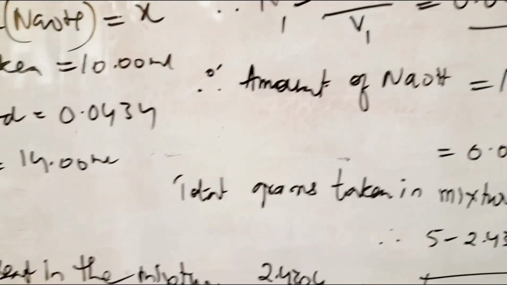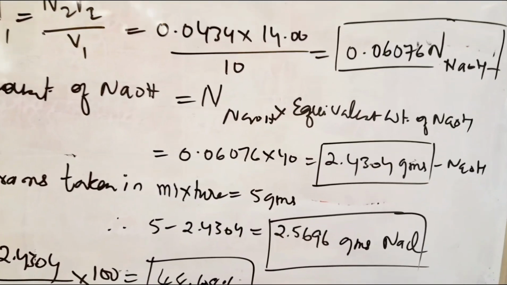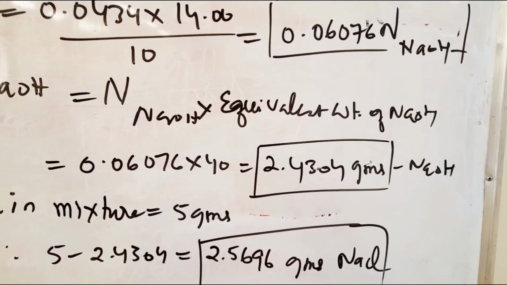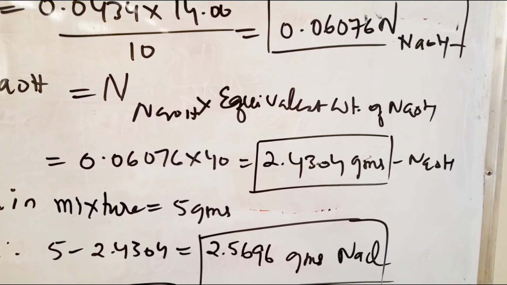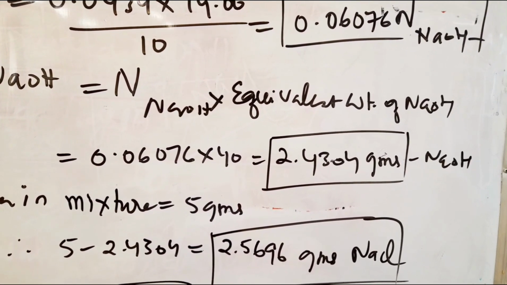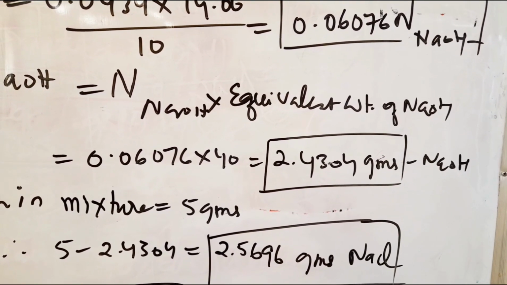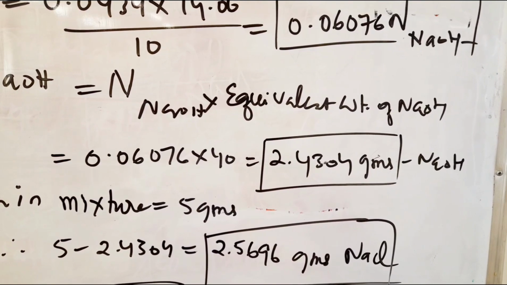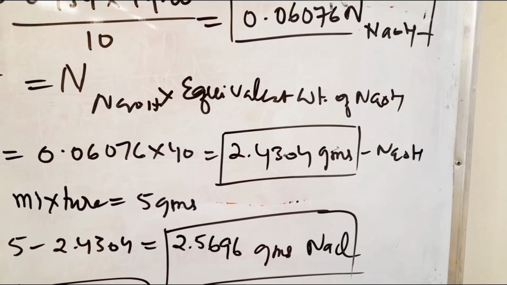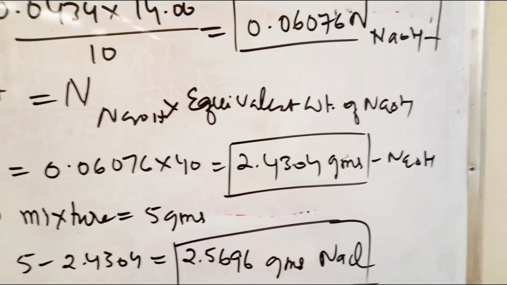From this, the amount of sodium hydroxide present in the mixture can be calculated by the formula: normality of sodium hydroxide obtained times the equivalent weight of sodium hydroxide, that is 40. So 0.06076 into 40 equals 2.4304 grams. This is the weight of sodium hydroxide present in the mixture.